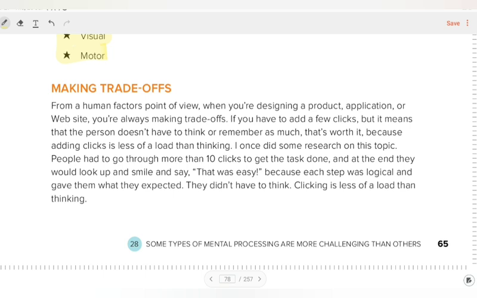I once did some research on this topic. People had to go through more than 10 clicks to get the task done. And at the end, they would look up and smile and say, that was easy, because each step was logical and gave them what they expected. They didn't have to think. Clicking is less of a load than thinking.